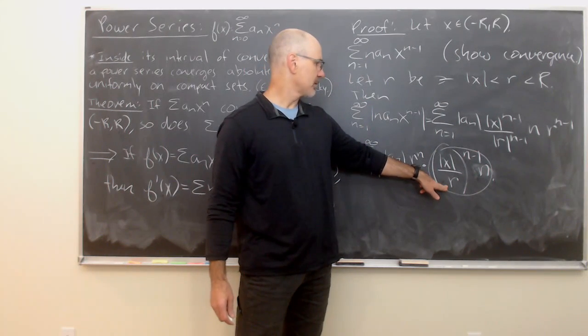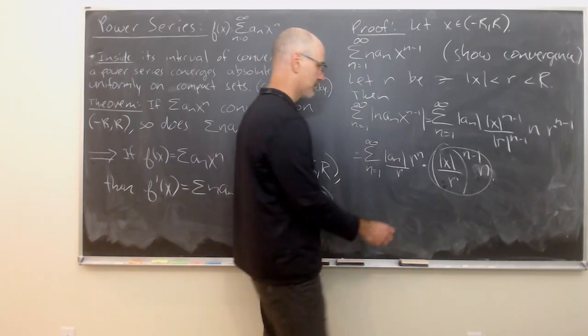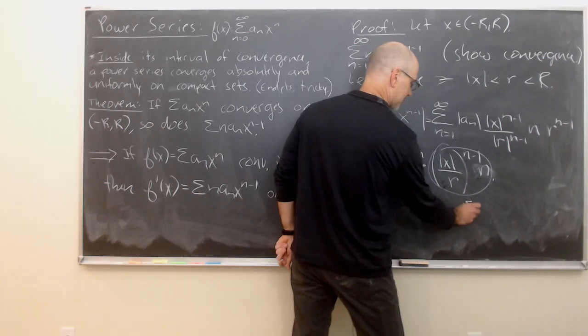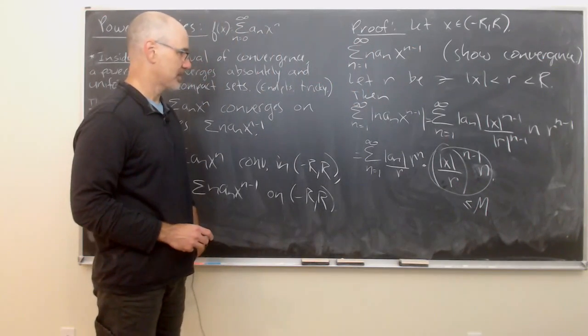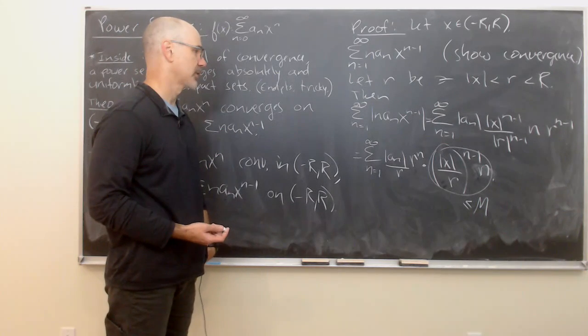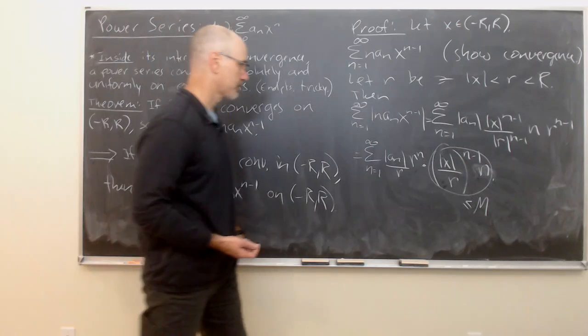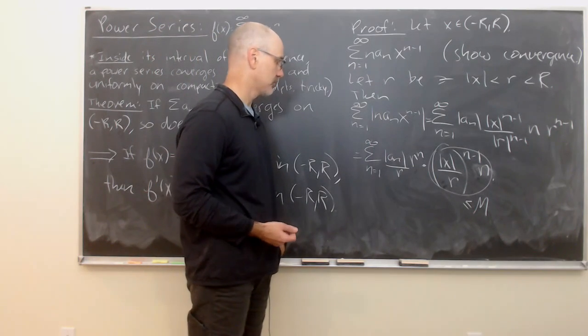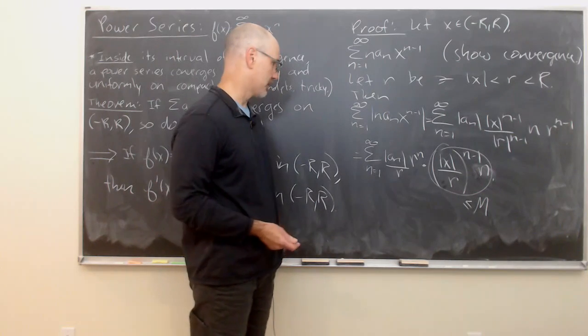But what's important is that this expression is bounded by some capital M, so it's less than or equal to some capital M for all n. It's a sequence that goes to 0, and in fact we can show that it's a decreasing sequence to 0, and so it has a bound.